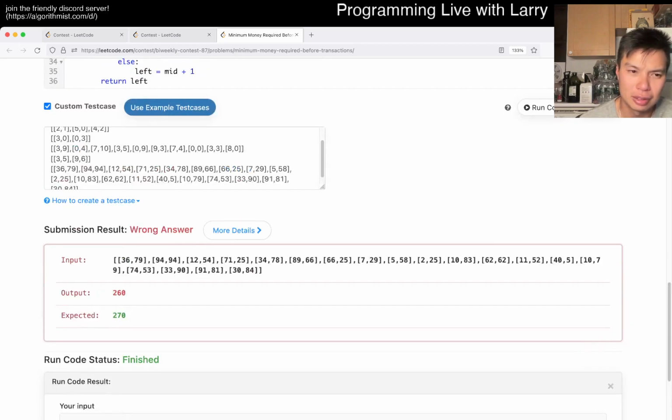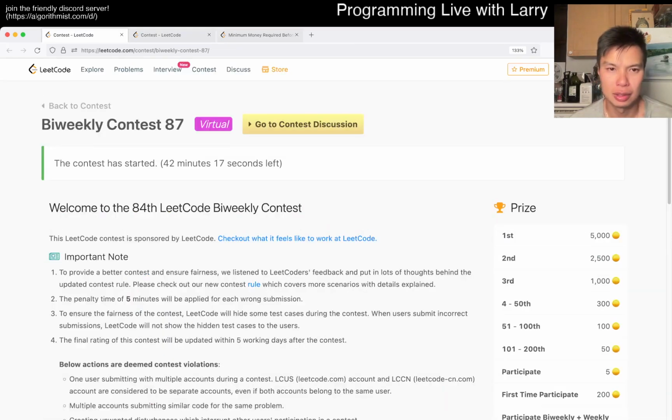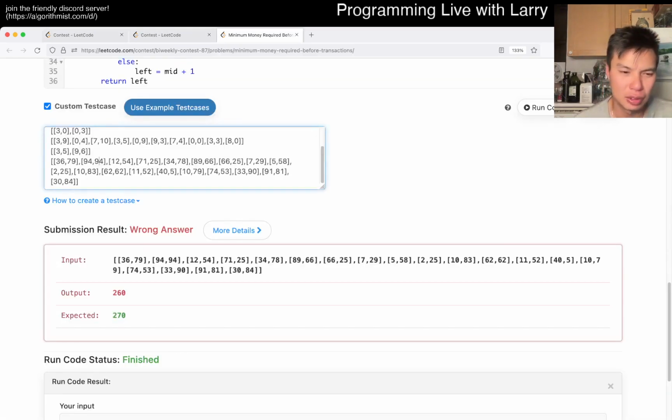If not, or rather, I don't know how to find a smaller case in which this is wrong. I guess we can brute force this. 42 minutes. Okay.